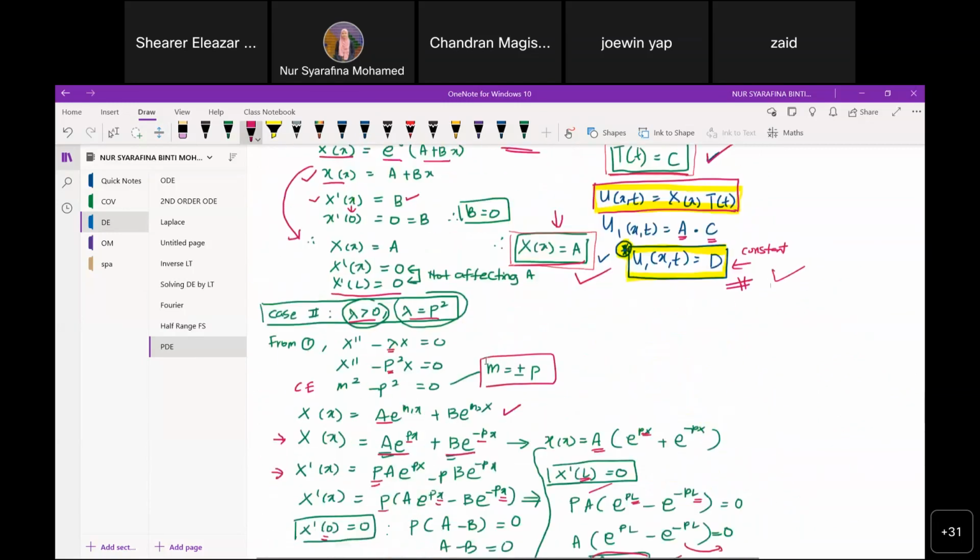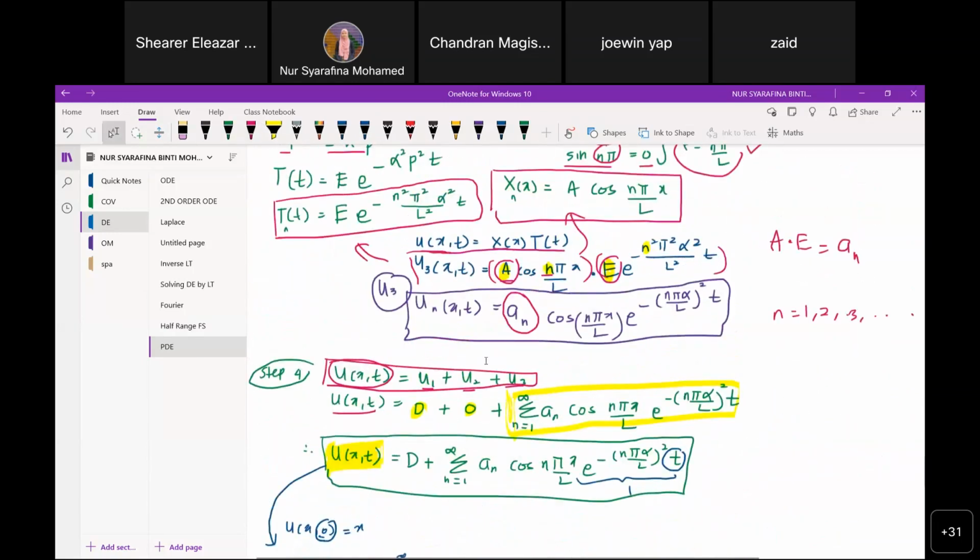Case 2, there is no interest because we got 0, then 0 there. Case 3 is here. So when it involves a sequence of n, then we just put a summation of n equals to 1 up to infinity of a sub n cos n pi x over L exponent minus n squared pi squared alpha squared over L squared t.